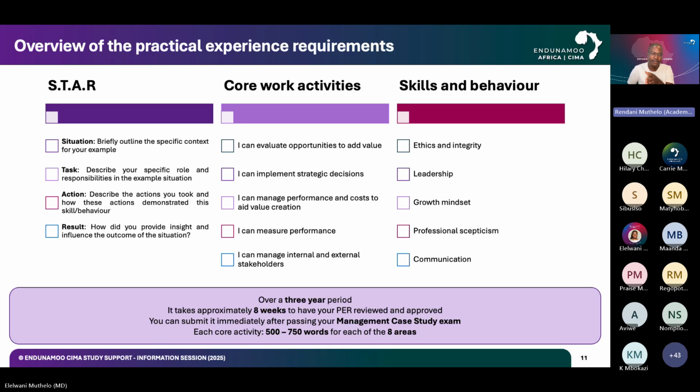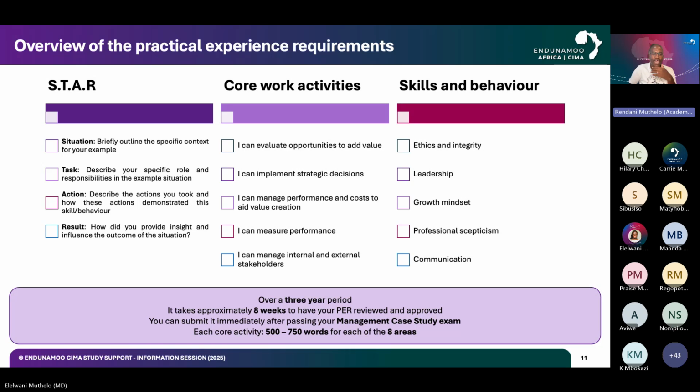Then on the skills and behavior, they want 5 out of 5. So when you were doing the core tasks, how did you demonstrate ethics and integrity, leadership skills, growth mindset? How did you question or demonstrate critical thinking? And how did you demonstrate that you've got effective communication skills?